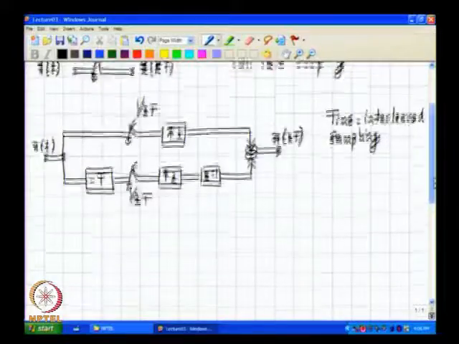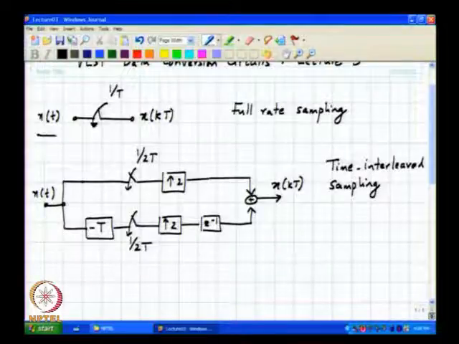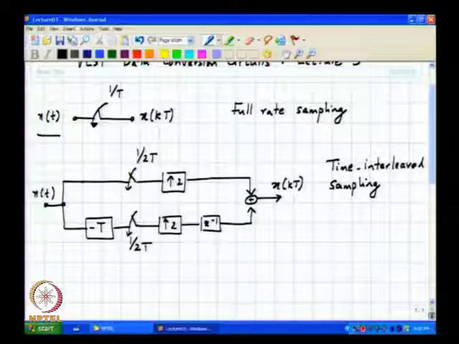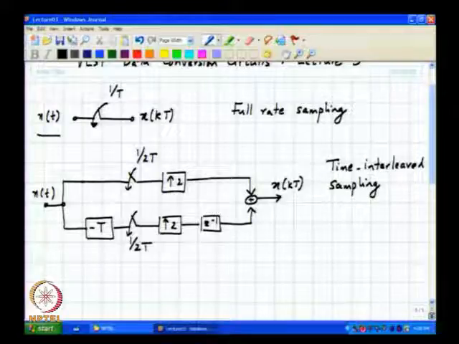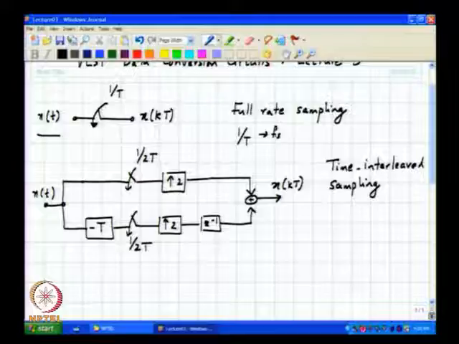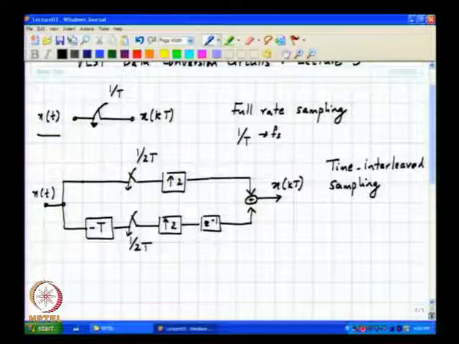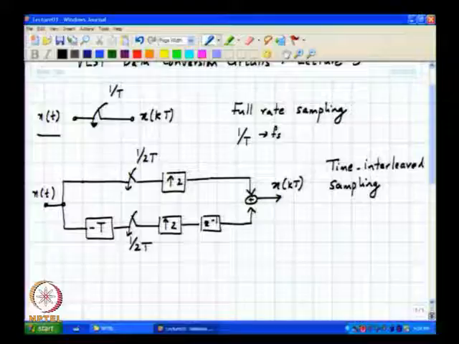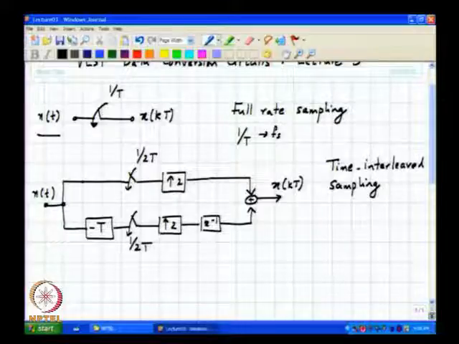Let us just quickly remind ourselves what is the maximum bandwidth of the continuous time input signal x of t which will allow us perfect reconstruction. Please note also that in the last class we denoted 1 by T by Fs. So what is the maximum bandwidth of x of t which will allow perfect reconstruction? Fs by 2. And in the interleaved sampling system, what are we sampling each channel at?